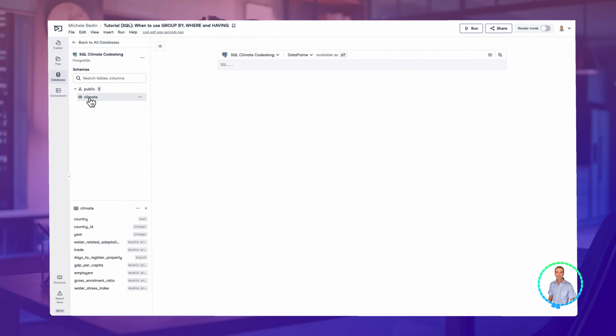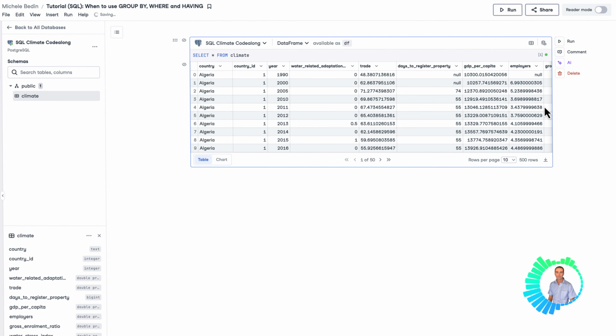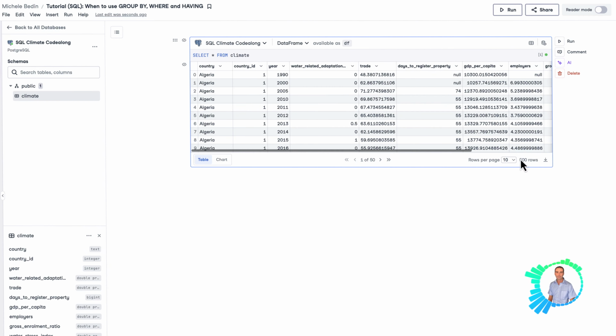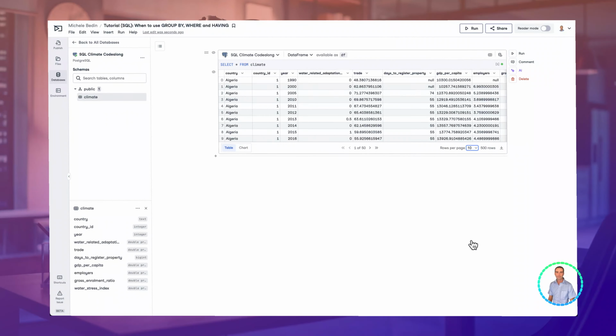In this tutorial, we use a climate analysis database for practical exercises. This database contains various socioeconomic and climate metrics for different countries. The primary table, named Climate, contains essential data such as water technology adaptation, GDP per capita, school enrollment rate, water stress index, and more.